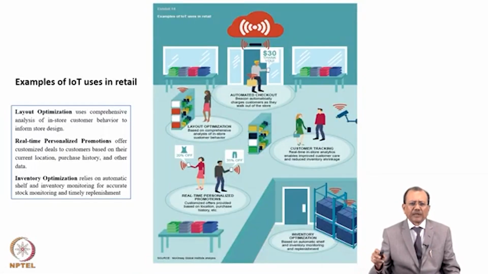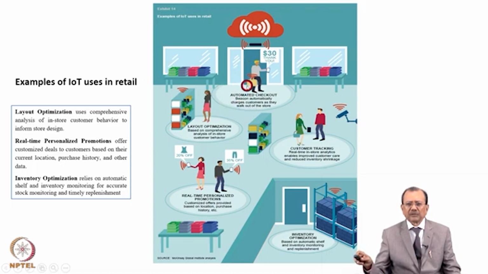This is another example of IoT used in retail. You can see that first there is inventory optimization, then customer tracking. Third, we want to do timely personalized promotions, then optimization of the use of the products displayed in the stores, and we also want customers to check out automatically.